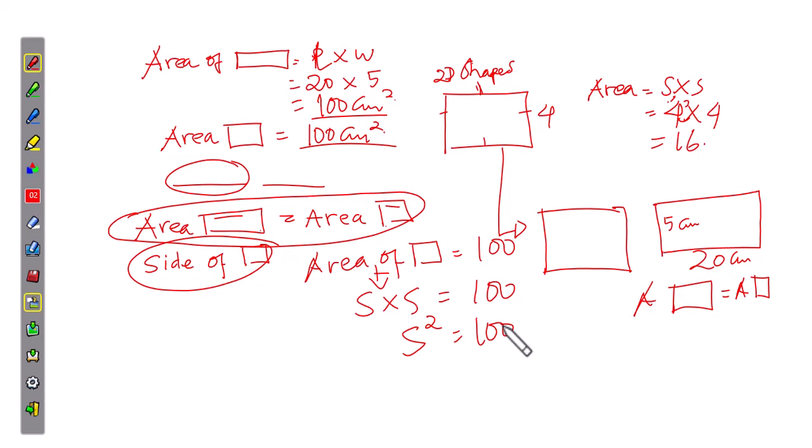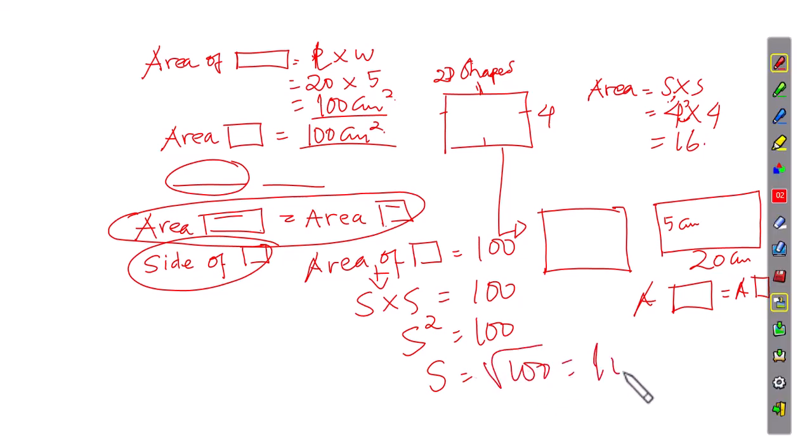The way to find the value of s is to find the number that, multiplied by itself, equals 100. So s equals the square root of 100, and the answer is 10 centimeters. So this is the way to solve this kind of question.